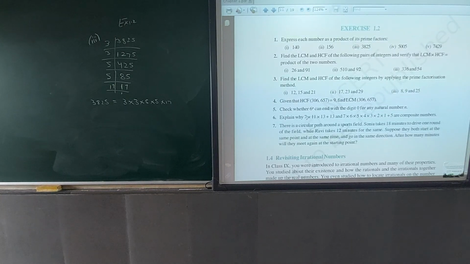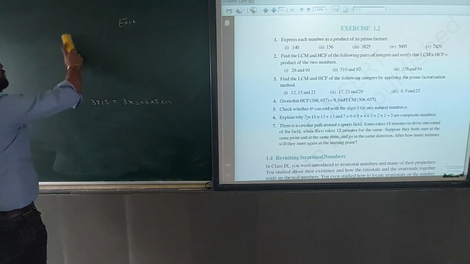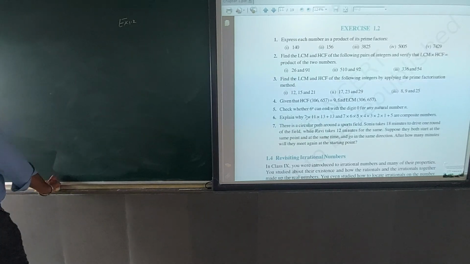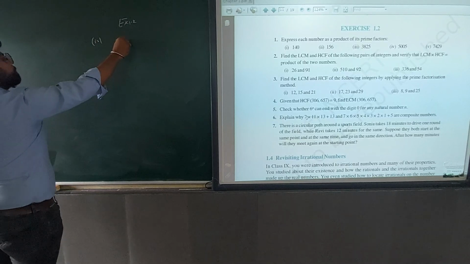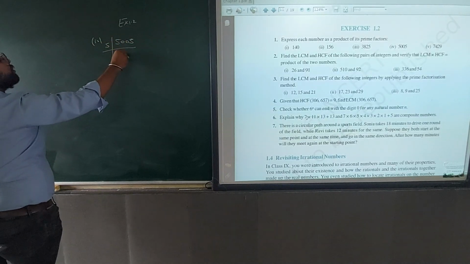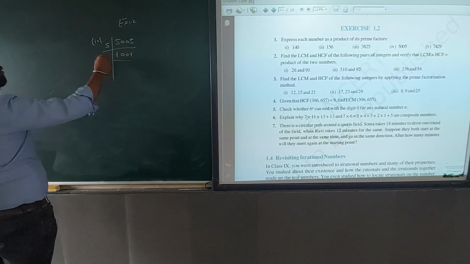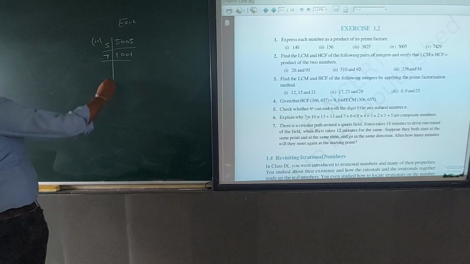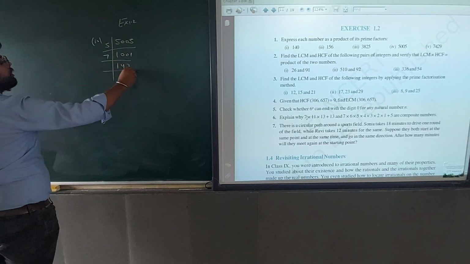Fourth one, 5005, and the fifth one will be the homework. Fourth one I will do. By the table of 5, 1001. Now which table? We go with the table of 7. 7 1s are 7, then 3 will be here. 7 4s are 28, 7 3s are 21.